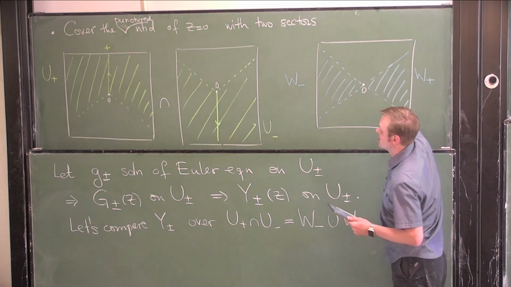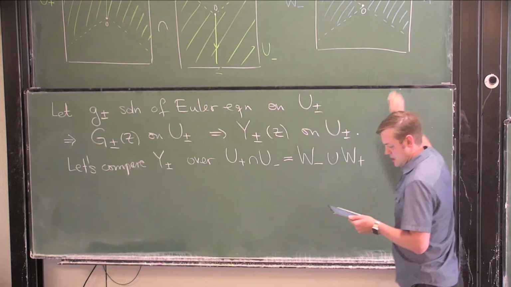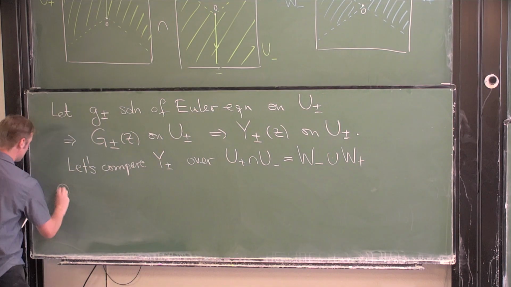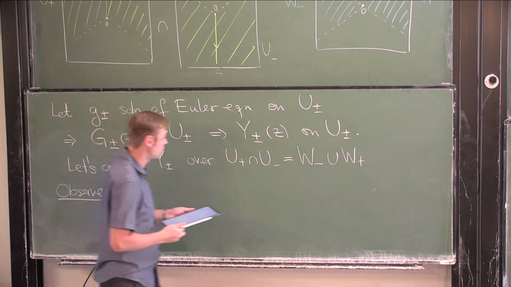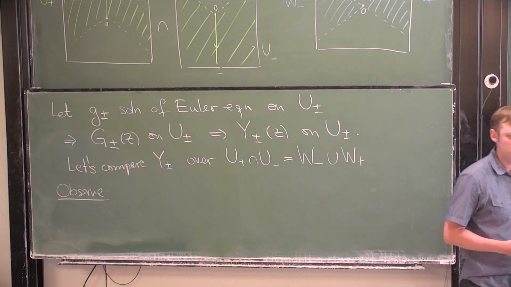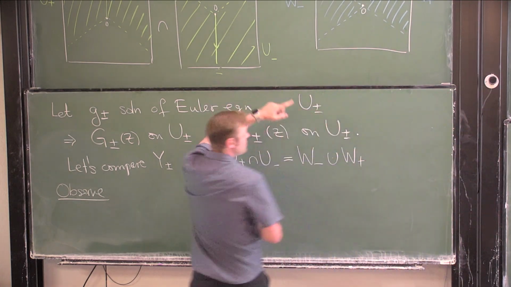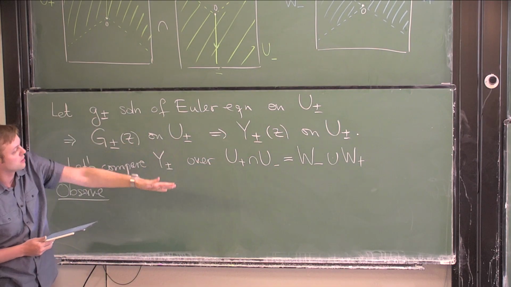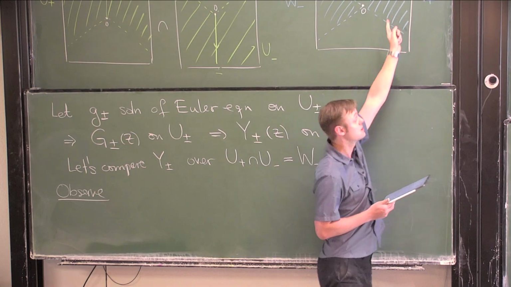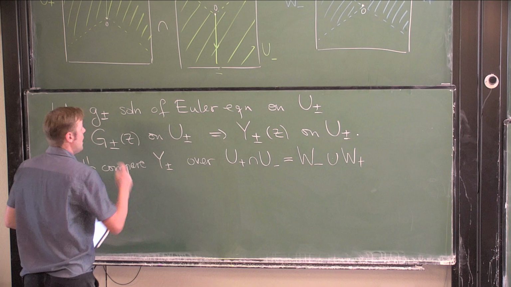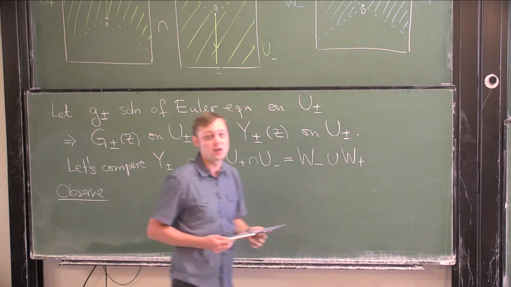And so here's what we can observe. Over the W plus, just because of the way we've defined G using those rays, which point in the same direction as the phase of Z in this region, the definitions of G plus and G minus just agree.